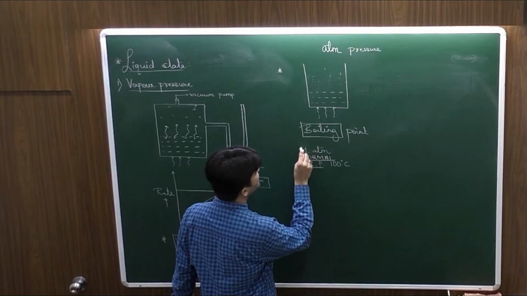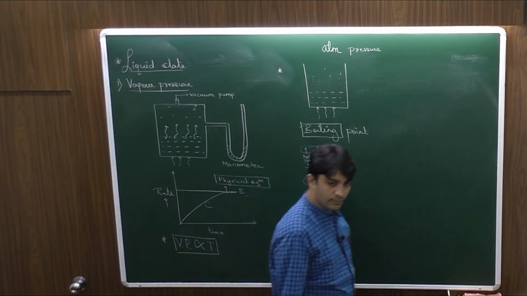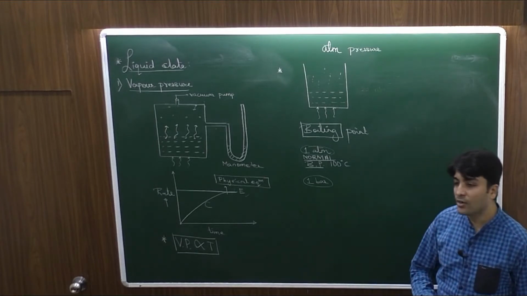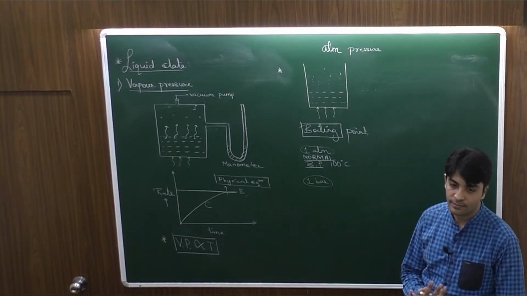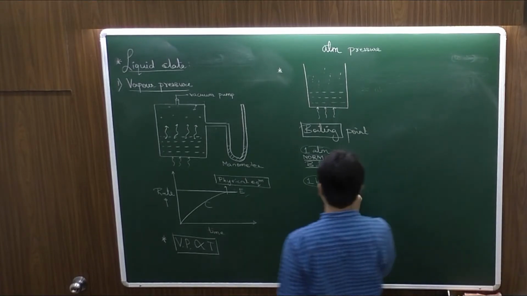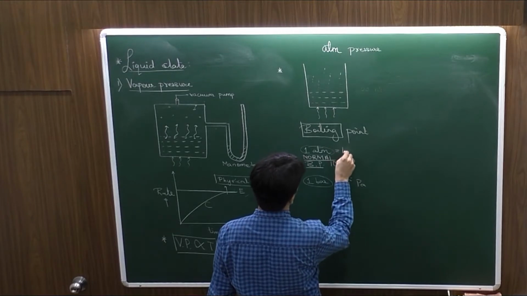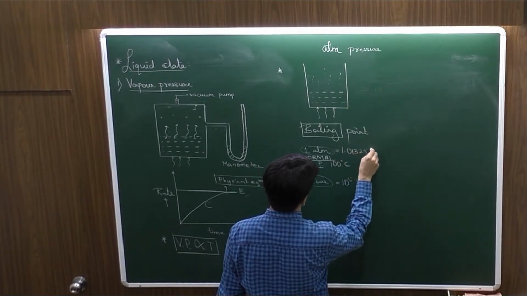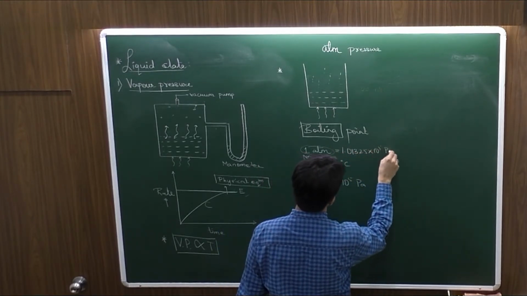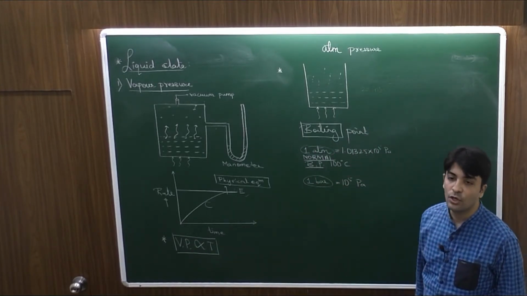But if I take the convention to be 1 bar pressure, which is lesser, 1 bar or 1 atmosphere? Obviously 1 bar, because 1 bar is just 10 raised to 5 Pascal, but 1 atmosphere is 1.01325 into 10 raised to 5 Pascal. It's approximately the same, but still comparatively 1 bar is a lower pressure.